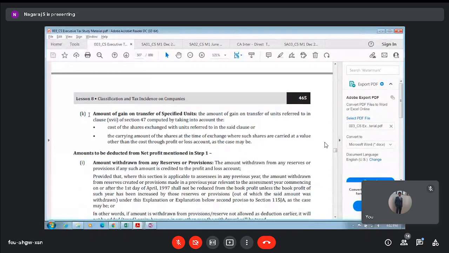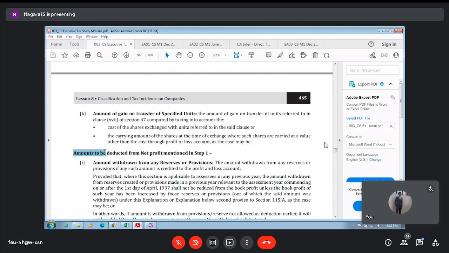A to K, 11. In F, there are around 4 to 5. Total 15, 16 items you need to add if given. It is not that easy to remember also, that's why I'm not doing all these, otherwise you will get confused.